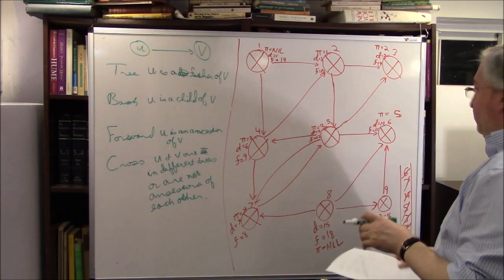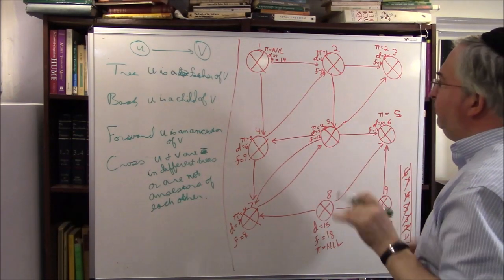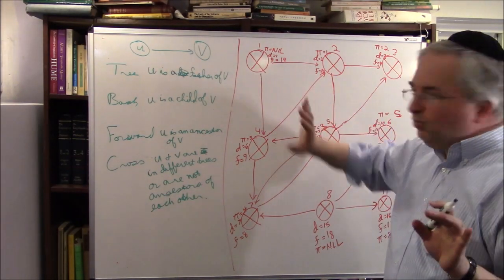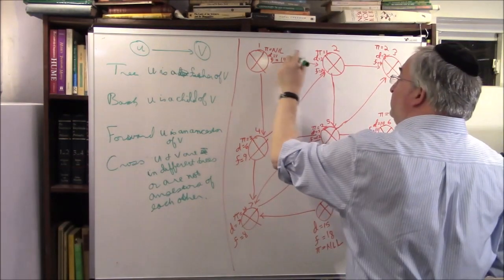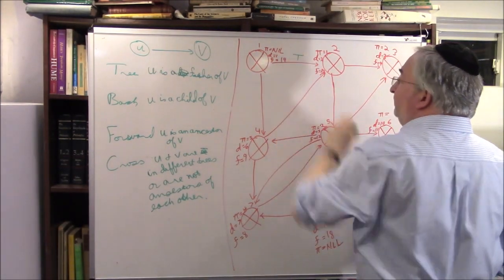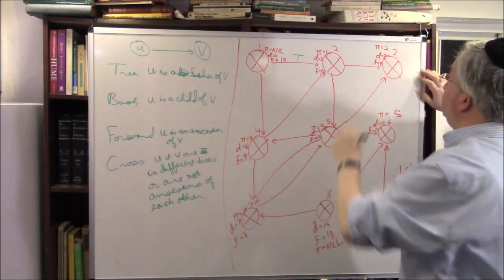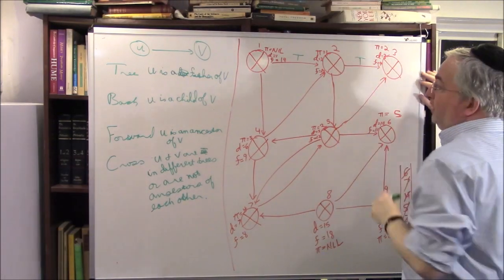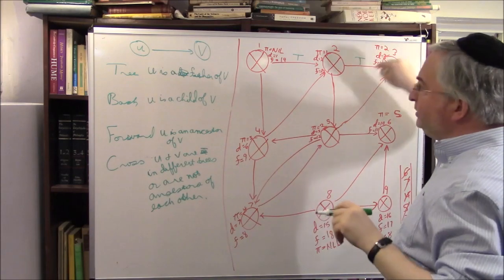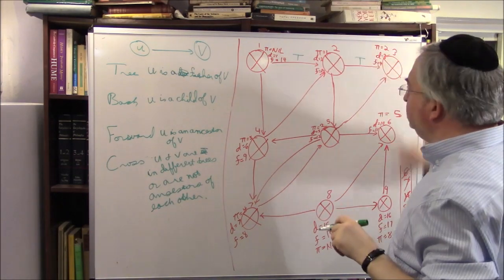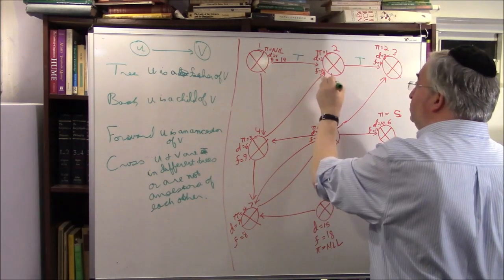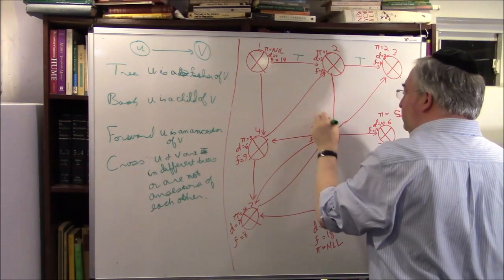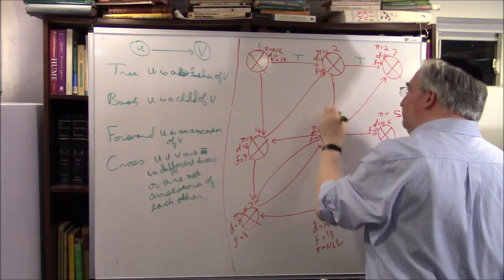Let me just show you and you'll understand it perfectly. Let's do first the tree edges, because this is the most intuitive. His parent is him, so he's in the tree. His parent is him, so he's in the tree. This edge brings it into the tree. I should really shade in these edges. His parent is him, so he's in the tree.